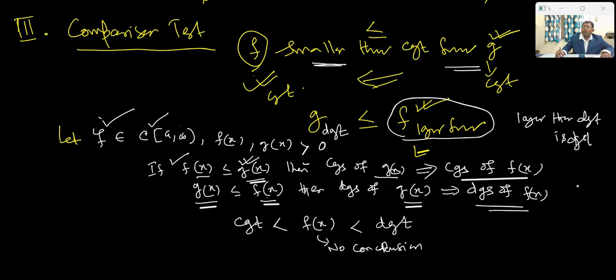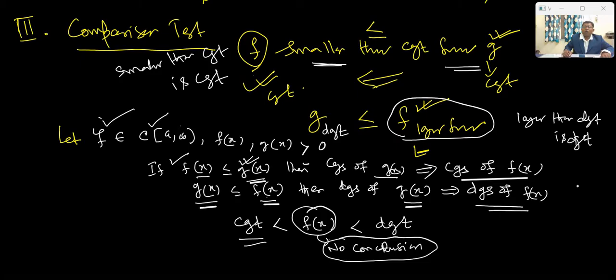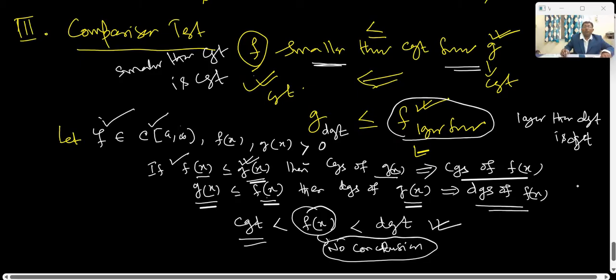Clear? Smaller than convergent is convergent, and larger than divergent is divergent, but larger than convergent and smaller than divergent, in between we cannot say. No conclusion can be drawn from the convergence of these functions.